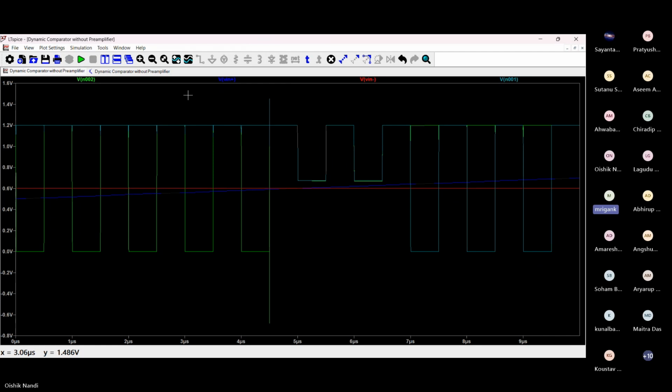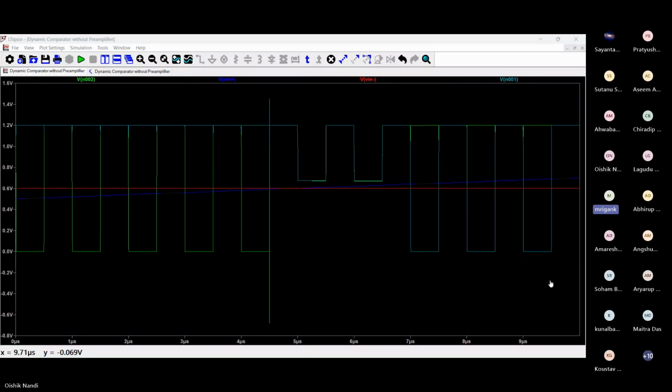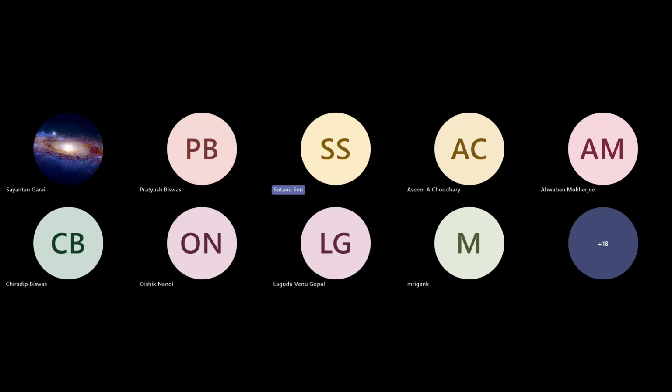If the noise itself is 100 microvolts, then you can't resolve anything lower than 100 microvolts. So in many cases, the noise of the devices may limit your resolution. Right now we are not including that noise in your simulation, but in certain cases noise may be the limiting factor. Okay, but in LTspice I believe there are some noise sources called PV, behavioral voltage.